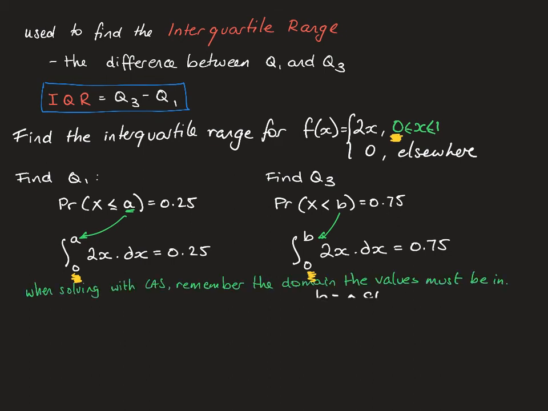When I do that integration using my CAS, I get A is equal to 0.5 and B is equal to 0.86. So when I'm using my CAS, I'm solving this equation for A. And remember, when you do the solve function on your CAS, the A value that you're looking for has to fit within these values here.